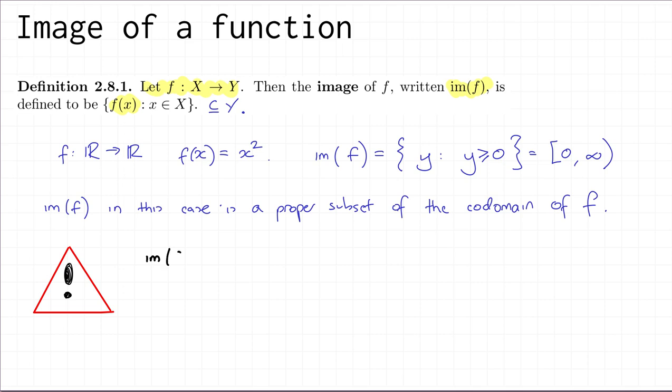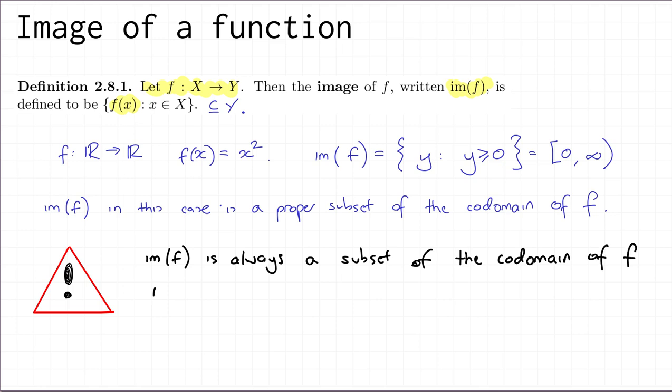The image of f is always a subset of the codomain of f, but it may not equal the codomain, as this example shows.